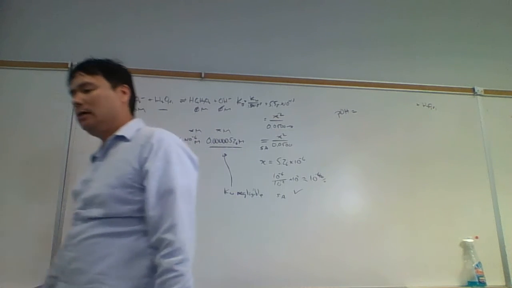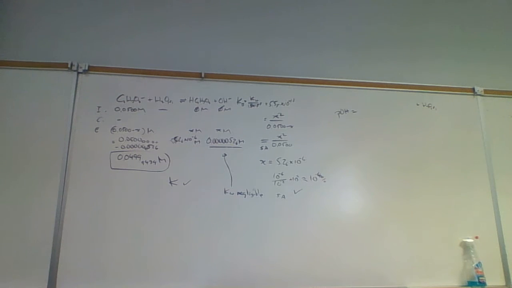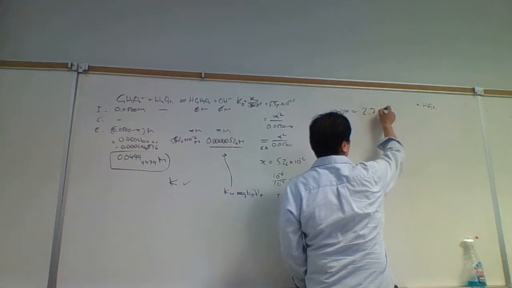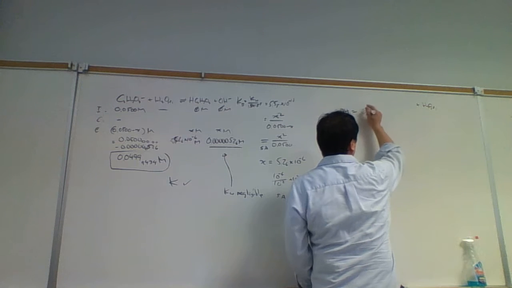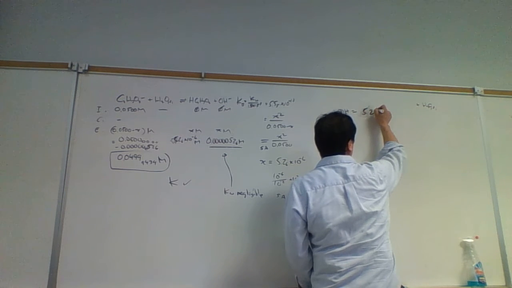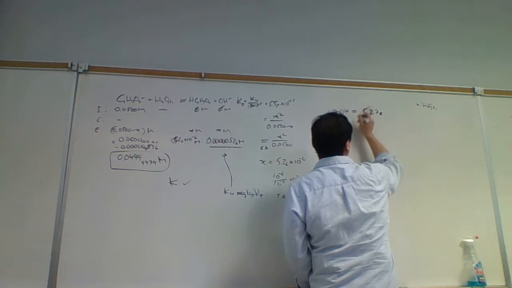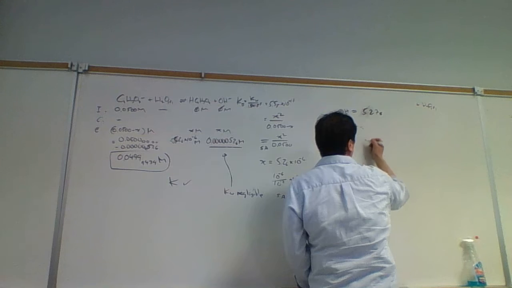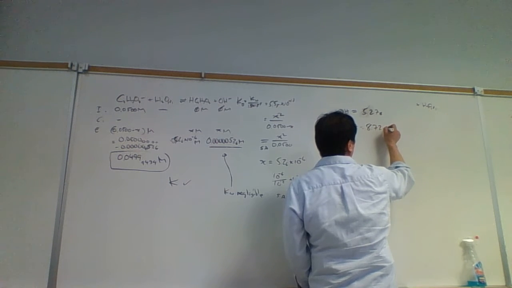So can somebody calculate the pOH? What did you get? 2.78? 5.278, which means the pH is 8.721.